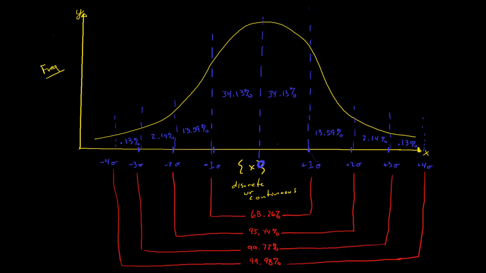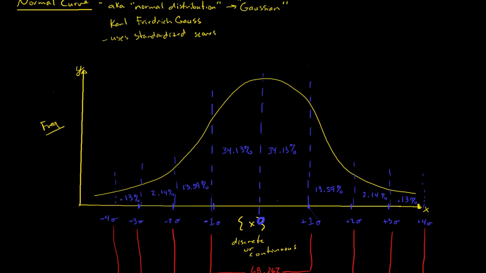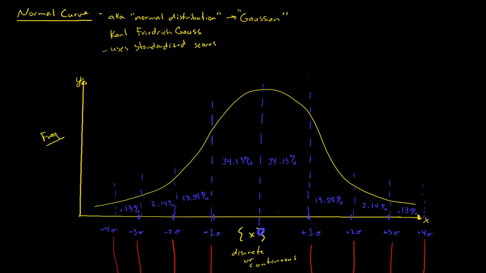Okay, so let me just scroll this back up for us. Let's just build in the other piece here, that is, what are these sigmas. So if you go back a few videos in this particular class, we talked about the difference between statistics and parameters.